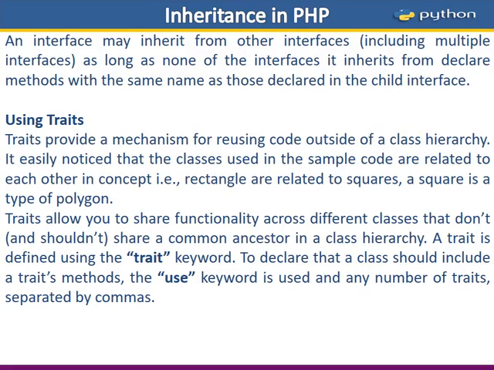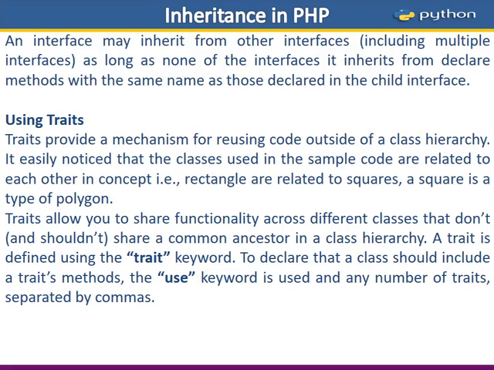We have discussed extending a class, the second is implementing an interface, and the third is using traits. A trait provides a mechanism for reusing code outside of a class hierarchy. It is easily noticed that the classes used in the sample code are related to each other in concept: rectangle is related to square, and a square is a type of polygon.